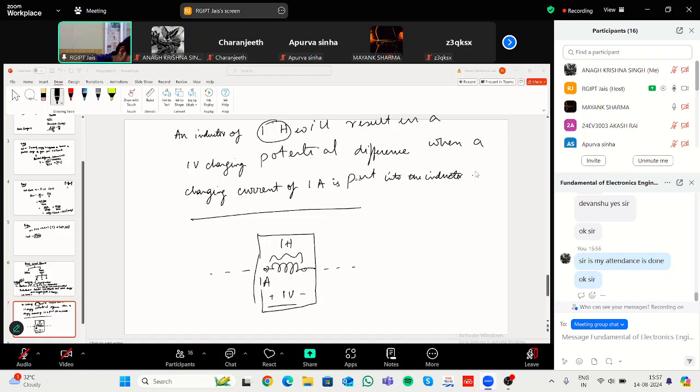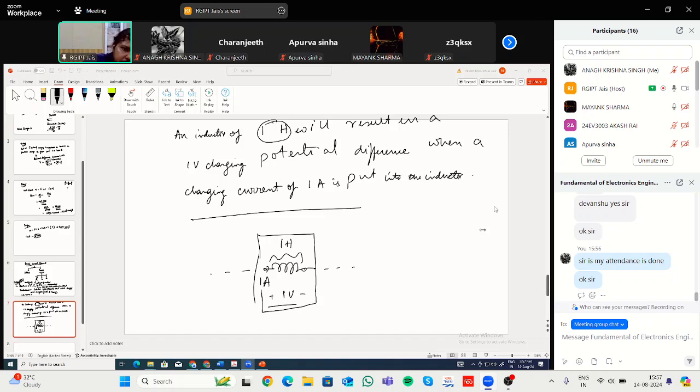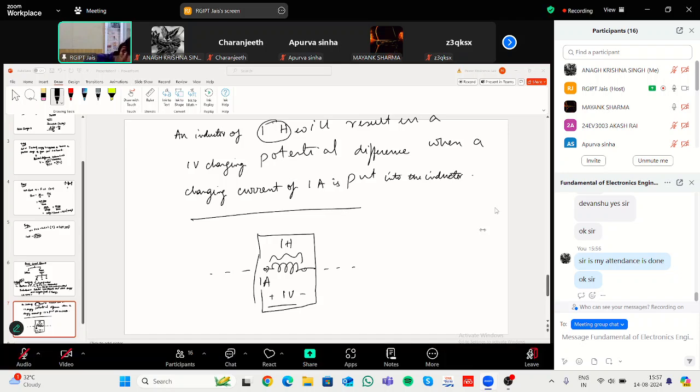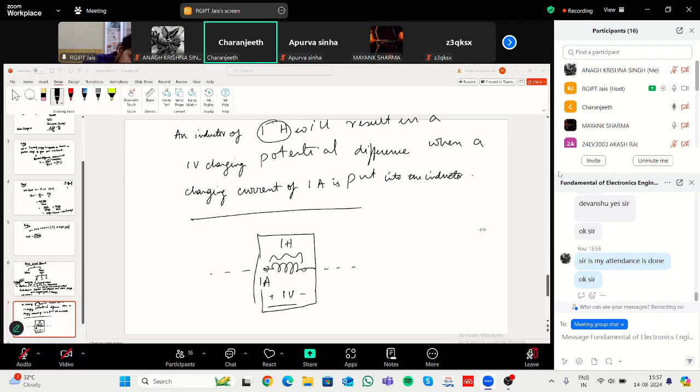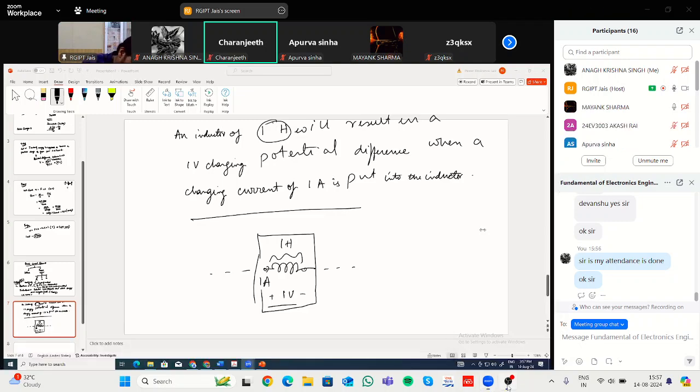Potsamel Latong, absent. Chris Kumar Singh, absent. Manisha, absent. Manja Charanjit, you are present. Manjari Yadav is present. Mayank Sharma.